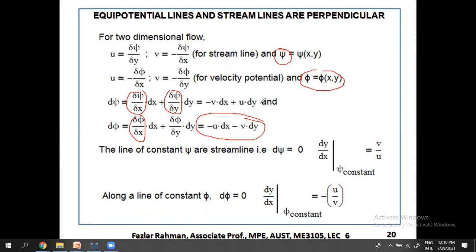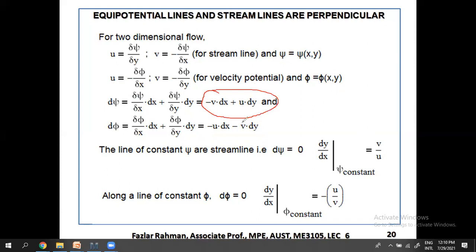Now, along a streamline, we already showed before that psi is constant. Psi is constant, that means the difference of psi between two points will be how much? Zero. So no difference of psi. So if this is 0, I can figure out the slope.